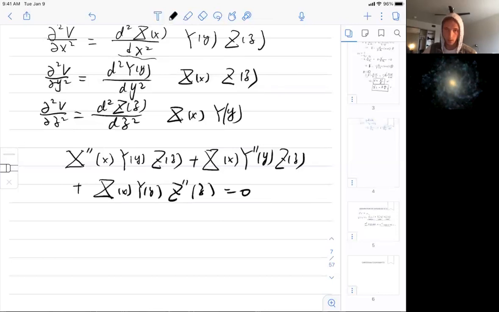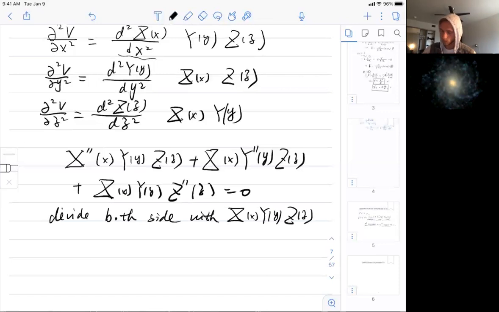Yep, looks good. All right, so at this point, I'm going to divide both sides by the function itself, X, Y, and Z. What would I achieve by doing that?